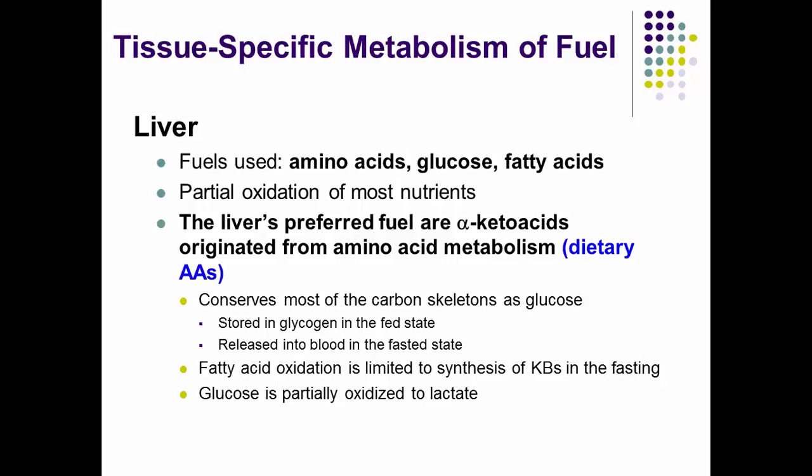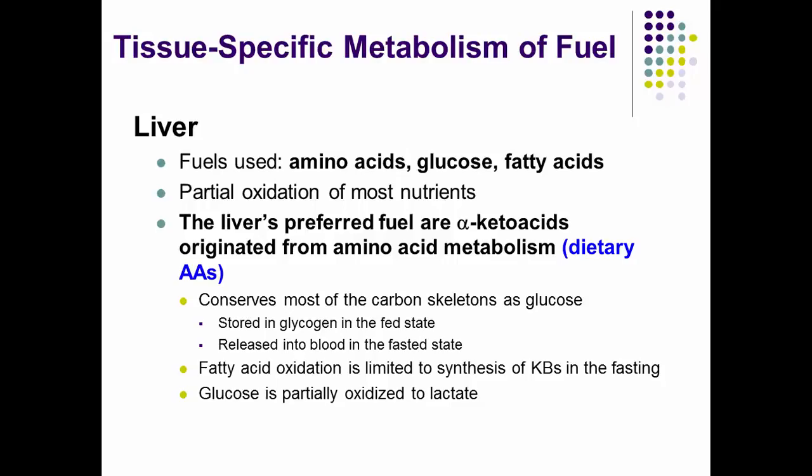So the preferred fuel for the liver is actually alpha keto acid, right? And this originally comes from amino acid metabolism. Alpha keto acid from amino acid metabolism is a major or preferred energy fuel of the liver, right?